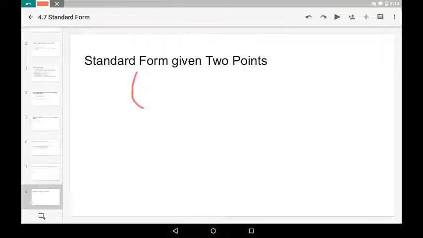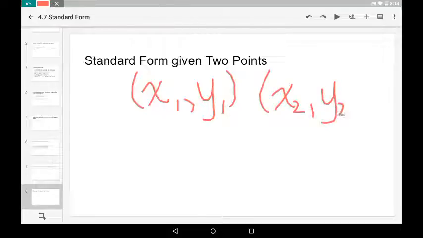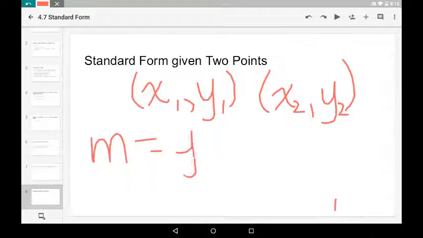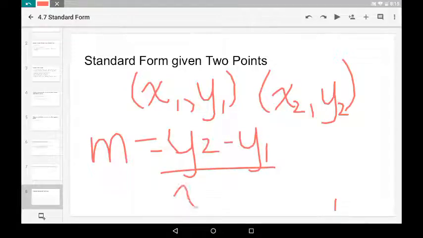So let's say you had x1, y1, and x2, y2. These could be any numbers. You would use those to find the slope, m equals y2 minus y1 over x2 minus x1.